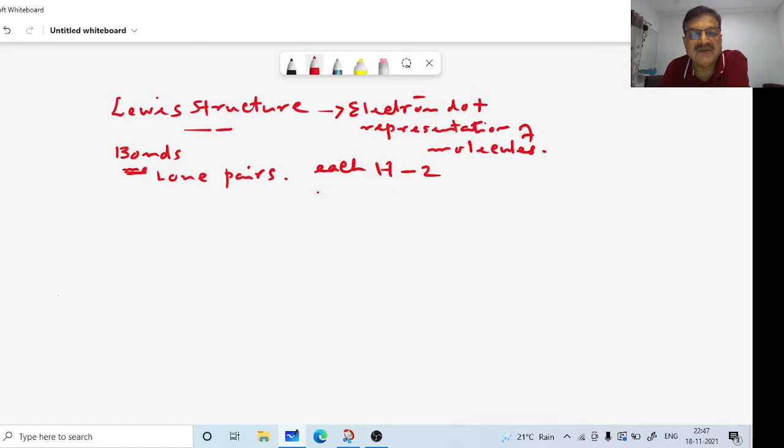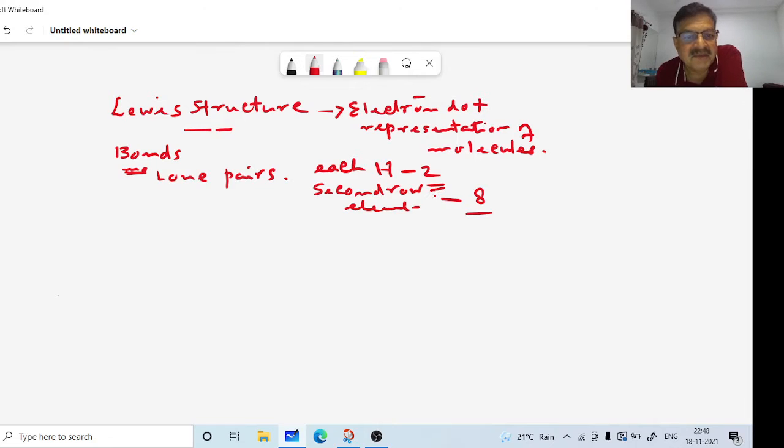This is the maximum. Hydrogen 2 electrons, and each second row element not more than 8 electrons. So this is the first step rather.